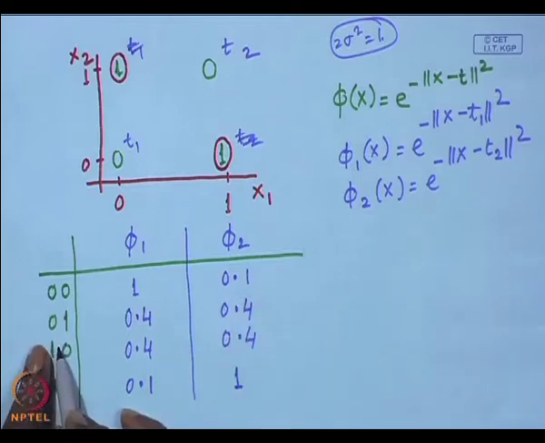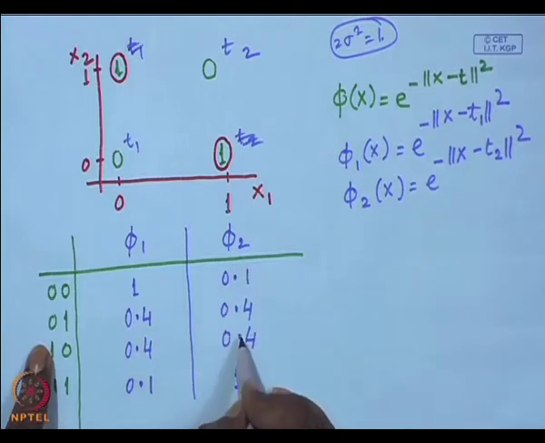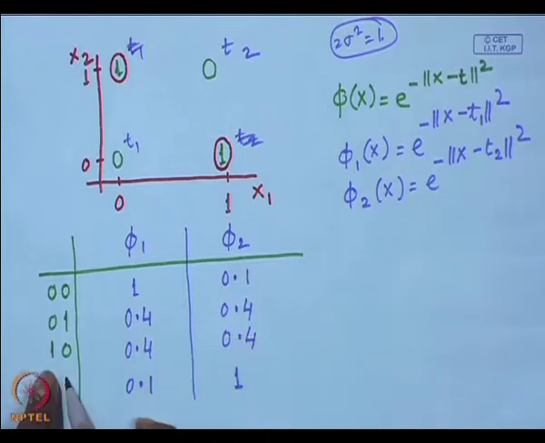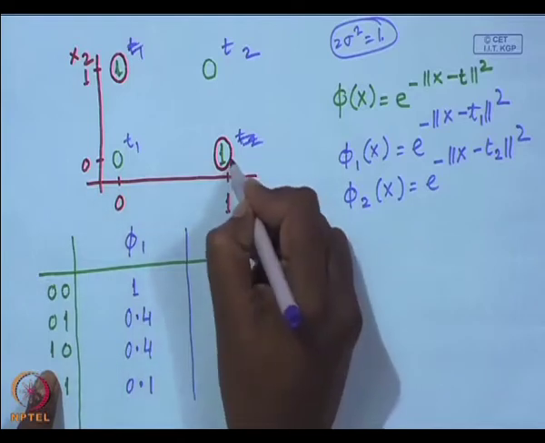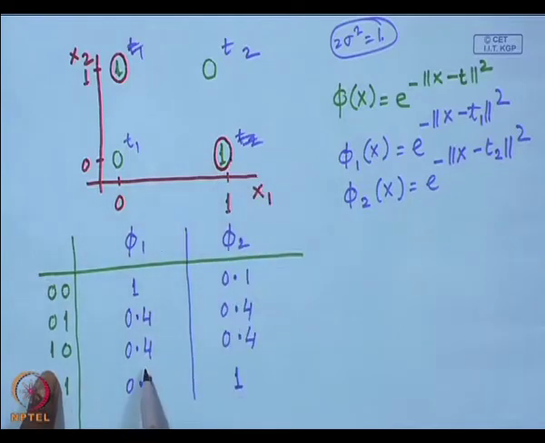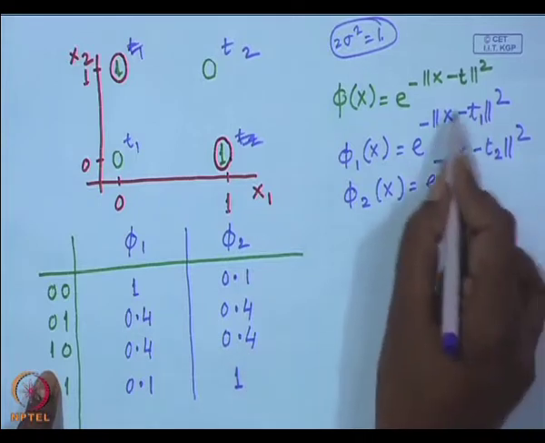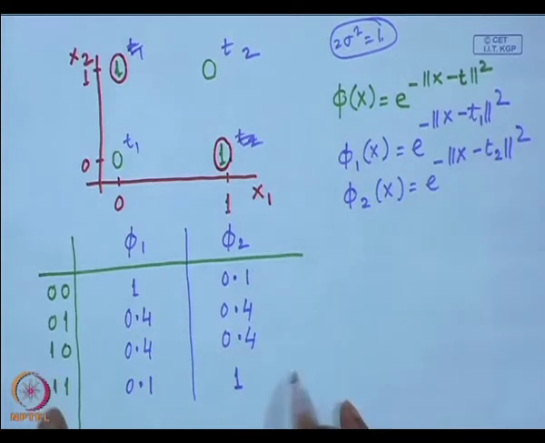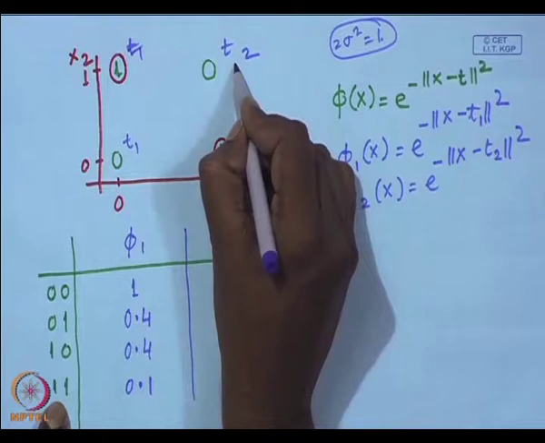For 0 1, phi 1 of x will be 0.4, phi 2 of x will also be 0.4. For 1 0, which is this point, phi 1 of x will be 0.4, phi 2 of x will also be 0.4 because of these exponential functions. For 1 1, if x is equal to 1 1, this coincides with T 2.